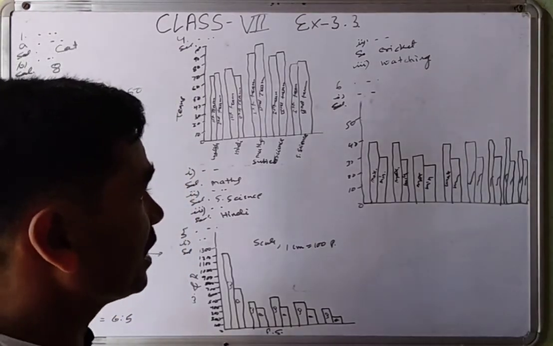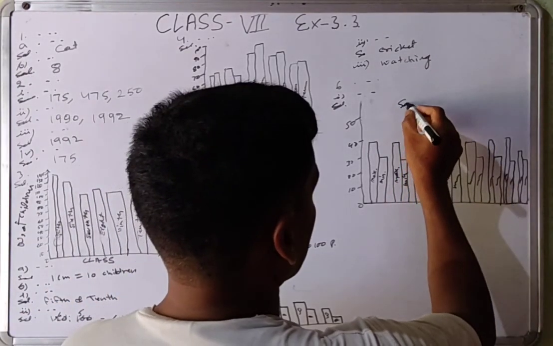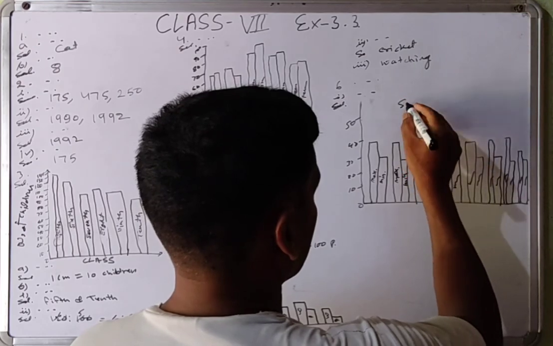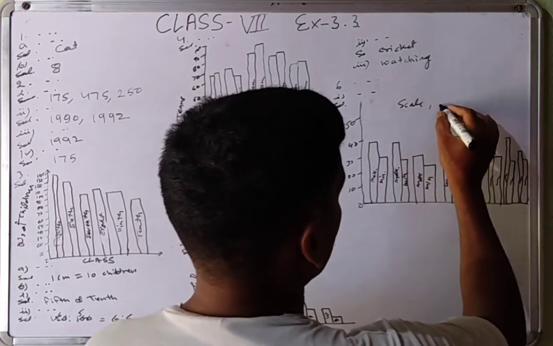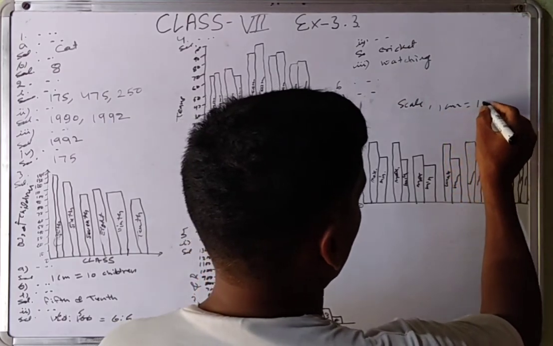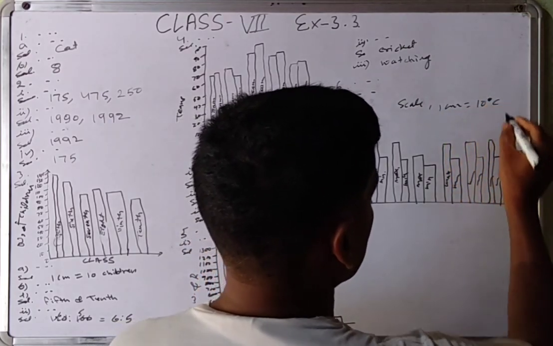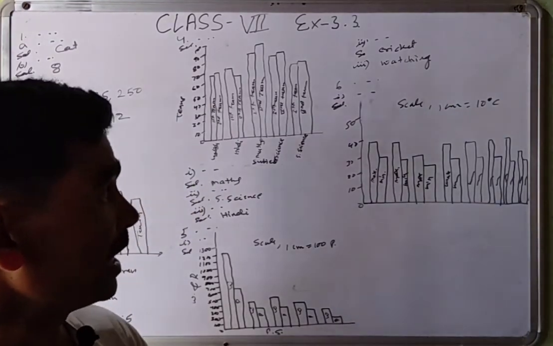That is the first part. Scale also: 1 centimeter is equal to 10 degrees Celsius.